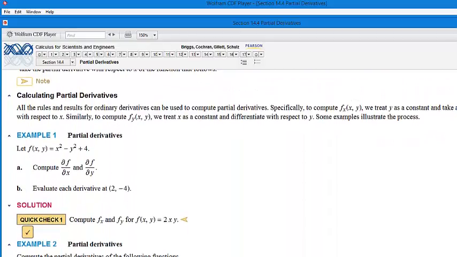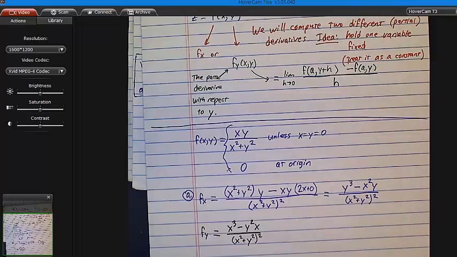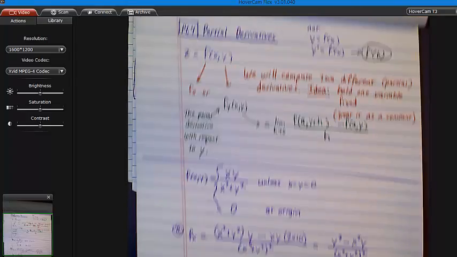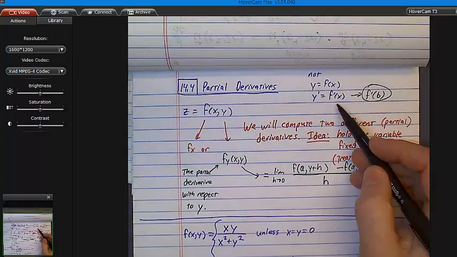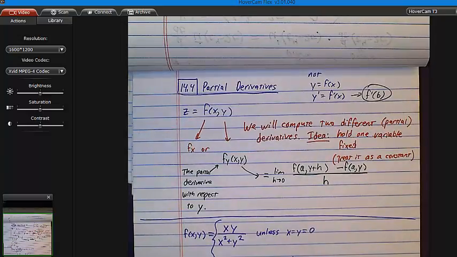Here's some. Oh, that's something I should mention. Look at that funny notation. See what it says for part A for this example 1? Compute. Do you know whose notation that is? Leibniz. That's right, Leibniz notation. But Greek is also correct here because, what do you notice? Leibniz notation back in Calc 1, here, let me go back to it. When we used to write f prime of x, there was another way to write that, right?